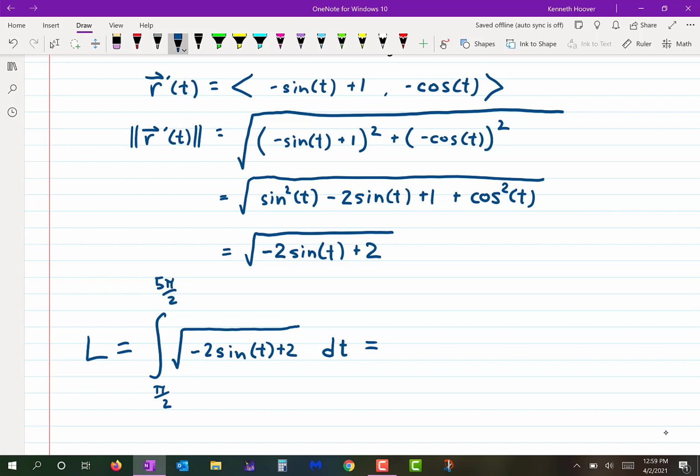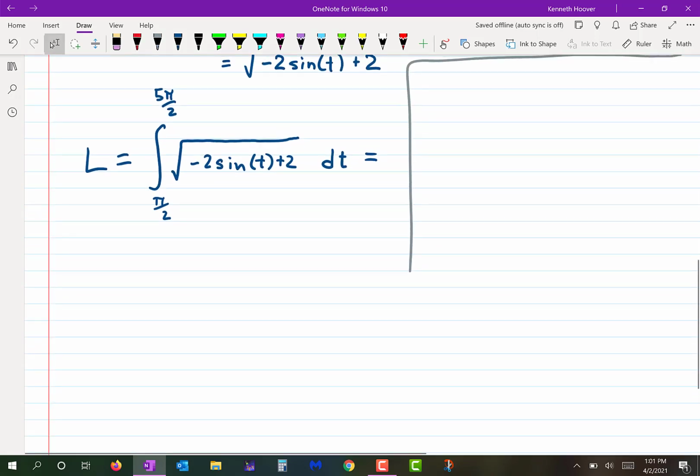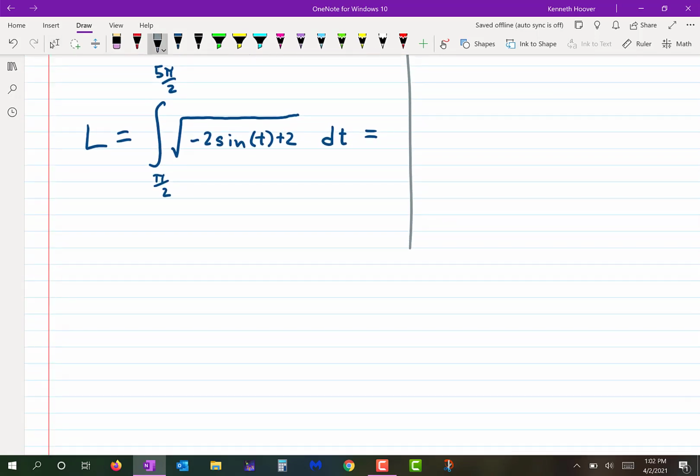Now, how are we going to calculate that integral? First we're going to do a little bit of work with some trig identities to make it an easier integral. So let's go off on the side here, and let me show you this simplification that'll make the problem easier.